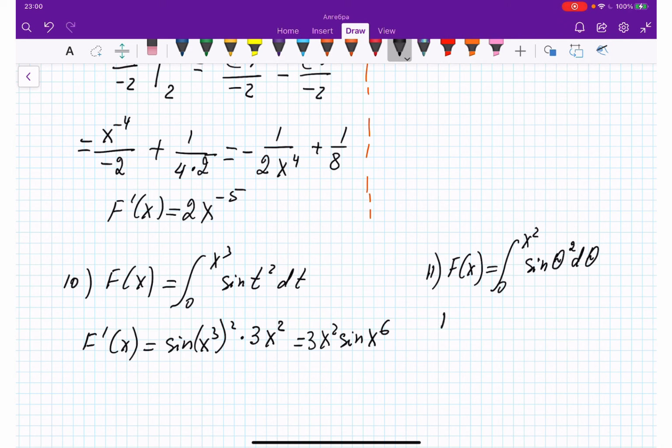So f prime of x is equal to sine x squared times 2x, and it's going to be equal to 2x sine x to the power 4. Yes?